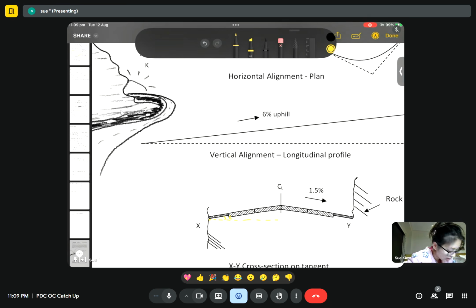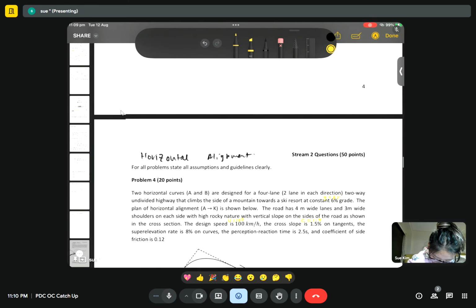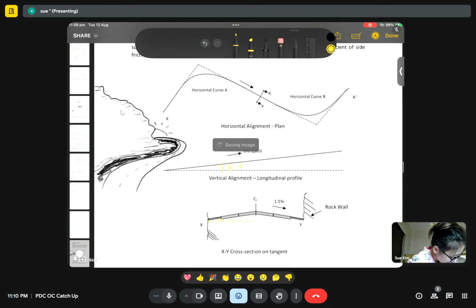Whereas the slope of the actual road itself driving upwards, wait, I mean grade, sorry, that's the grade. Grade, cross slope, and then super elevation is only for when it's a banked curve. Okay.